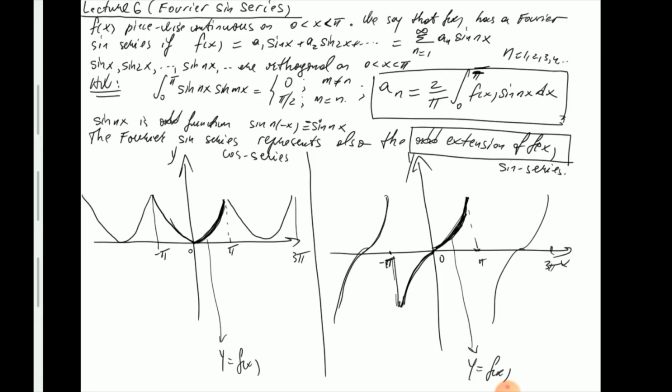So it's important to understand that although the cosine series and sine series for the same function will obviously represent the same function in the interval 0 pi, if we extend them to an even or odd extension, then of course that'll be a different shape altogether. And as I said before, we need both depending on the context of the problem. So with that in mind, let's move on to the second page with a couple of examples.